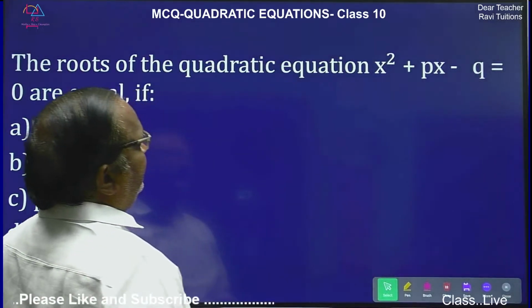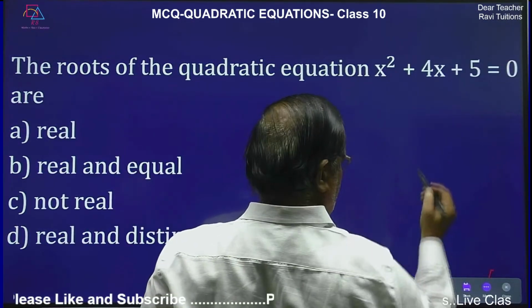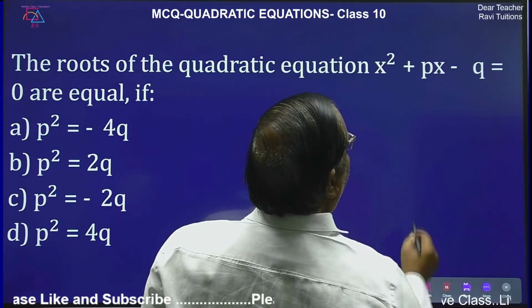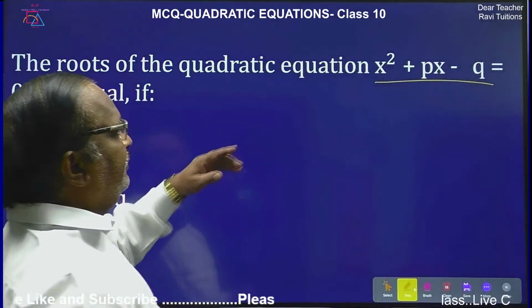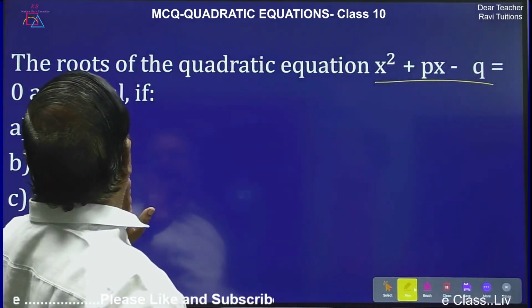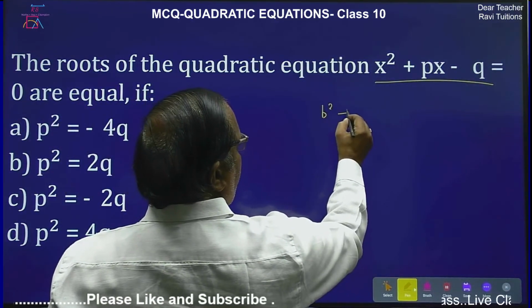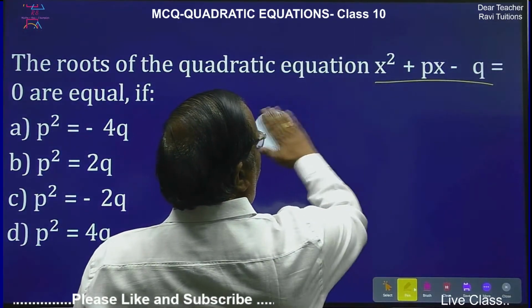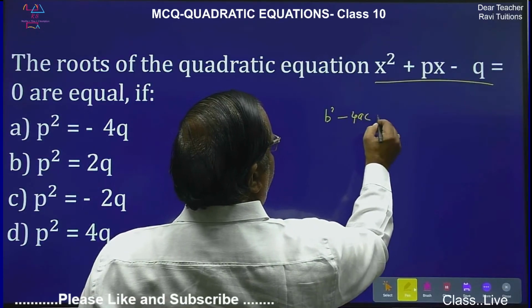The roots of the quadratic equation are equal. So you have to find out the p. Roots are equal. That means b square minus 4ac is equal to 0.